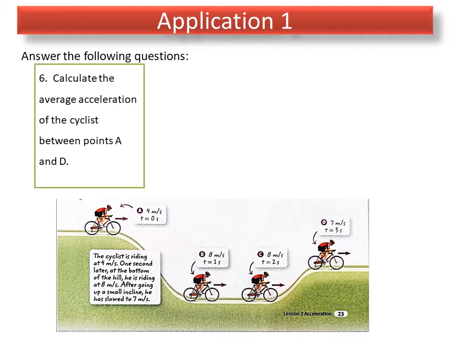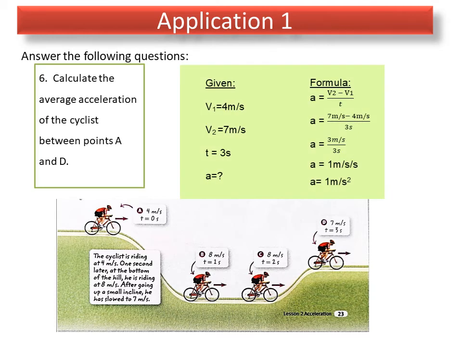Put the formula, acceleration equals V2 minus V1 over time. Substitute numbers with the correct units in the numerator and denominator. So we will get 7 minus 4 meters per second, it is 3 meters per second over 3 seconds. 3 by 3 is 1 meter per second over second, which means meters per second per second.